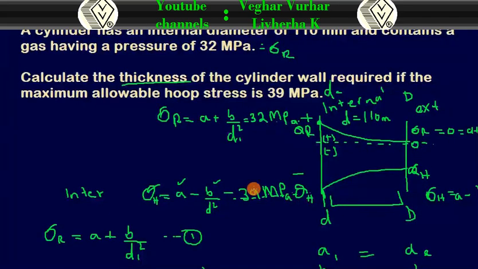So the thickness is this one, the difference between these two, but because it's circular like this, we have to divide it by 2, because we're checking at this thickness. So we're going to subtract this and divide by 2, because it's the overall diameter.